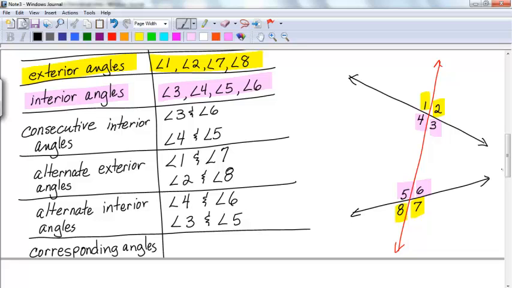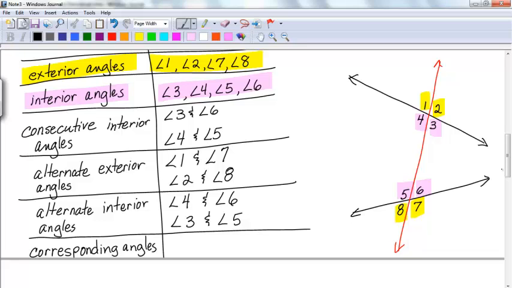Corresponding angles. They are on the same side of the transversal. One's on the exterior, one's on the interior. Look up here for a minute. Corresponding angles are 1 and 5. That's one pair. 2 and 6. That's another pair. 8 and 4. And 7 and 3.